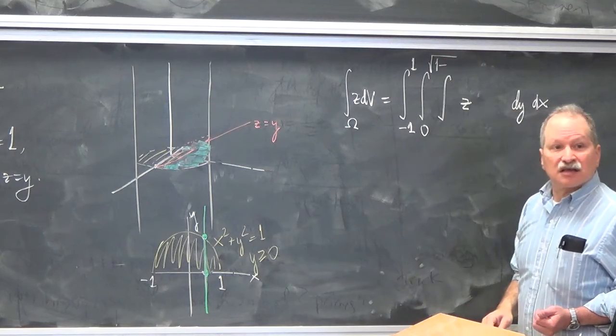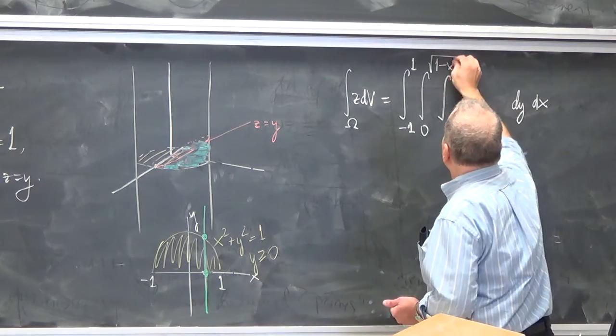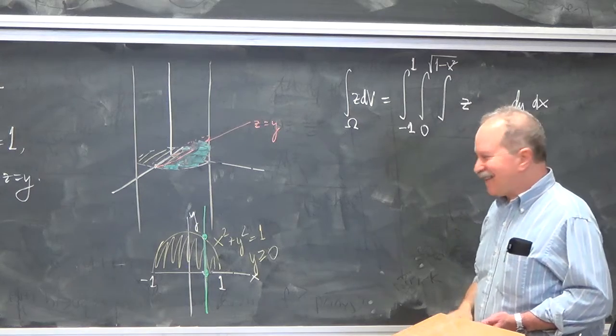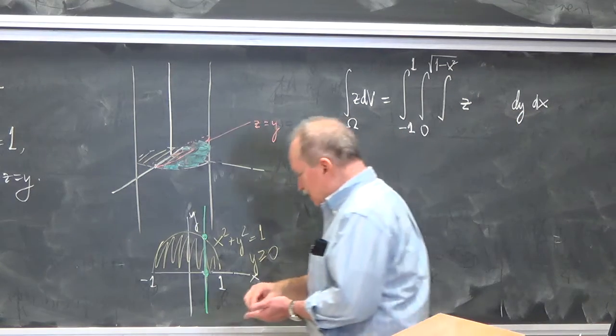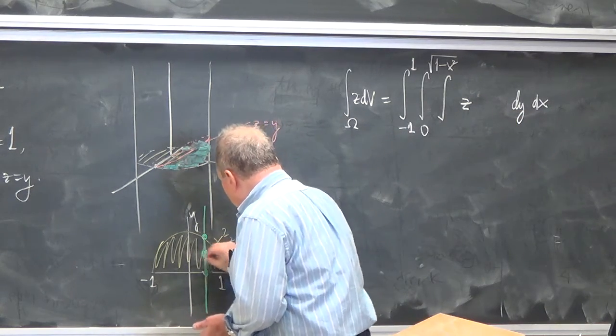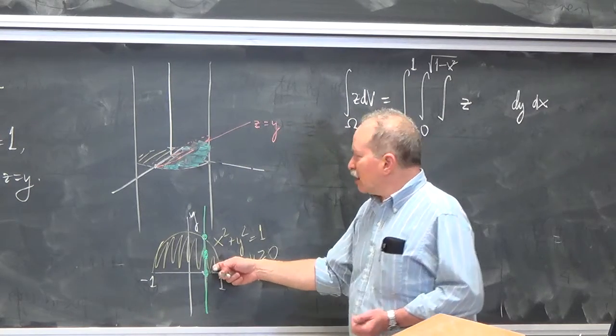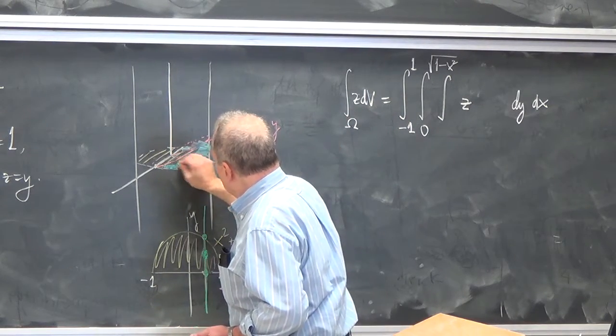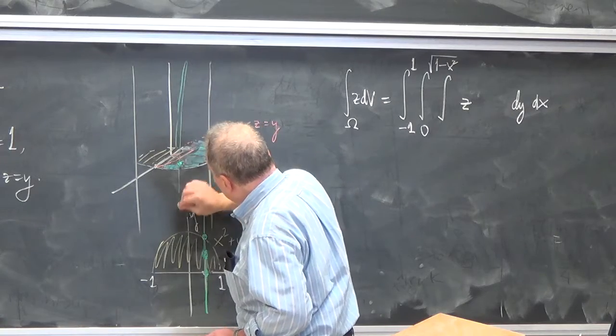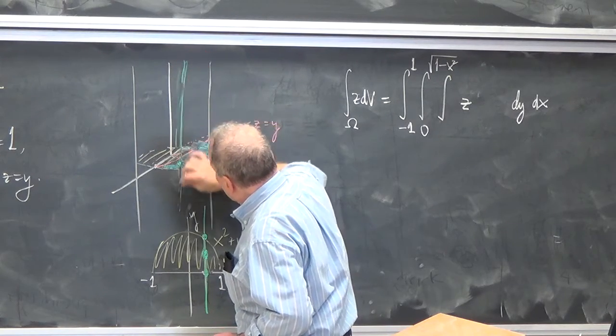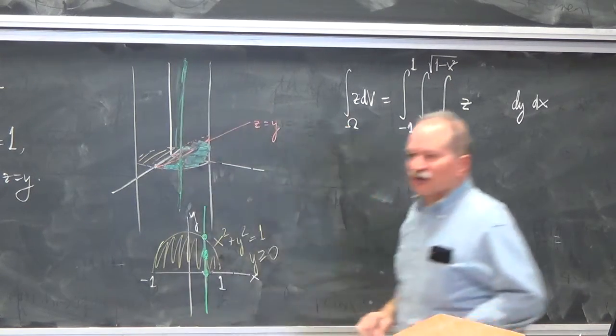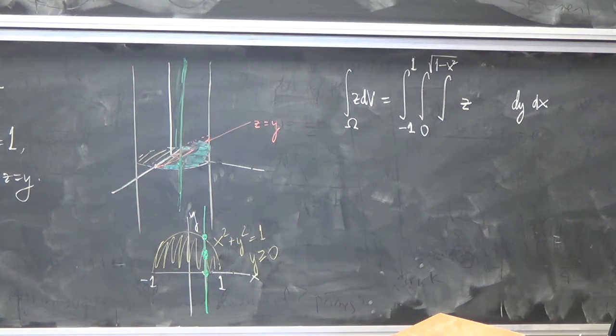And now comes the fun. For a fixed point in the xy region, you now shoot a ray vertically, parallel to the z-axis, and you ask yourself, where does it enter, where does it exit?